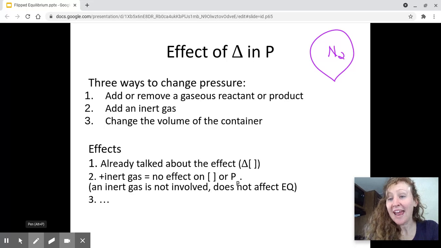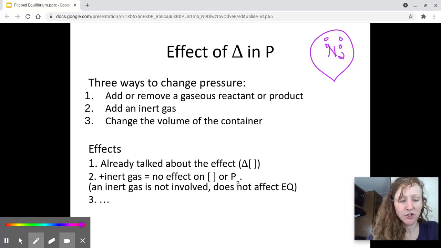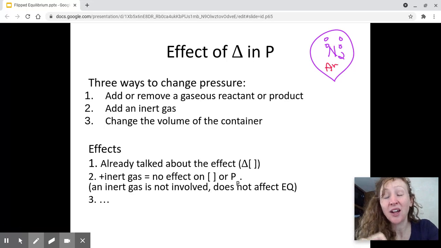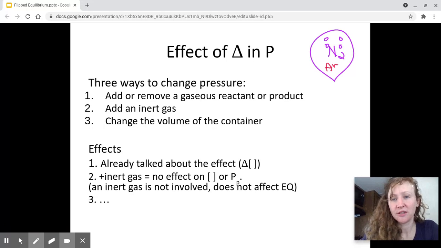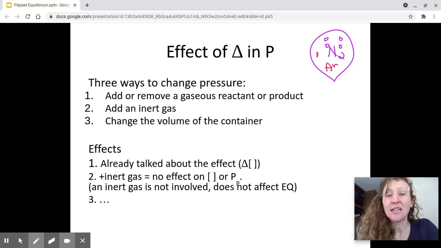If I have 4 moles of nitrogen, and I add something inert, something that's not going to react with nitrogen, I add argon, now I have more moles inside the same volume. I have increased pressure, right?